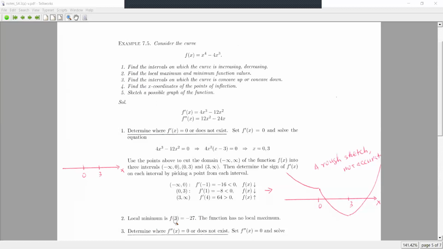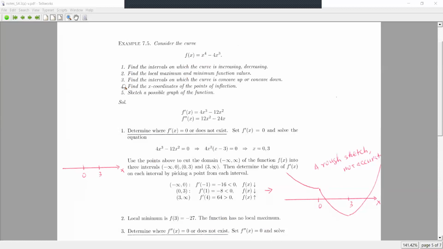Plug the number 3 into the original function: 3 to the 4th minus 4 times 3 to the 3rd, negative 27. The function has no local maximum. So this is the answer to the second question.